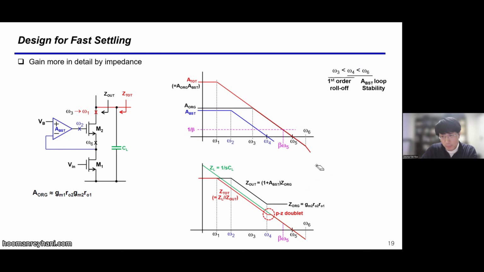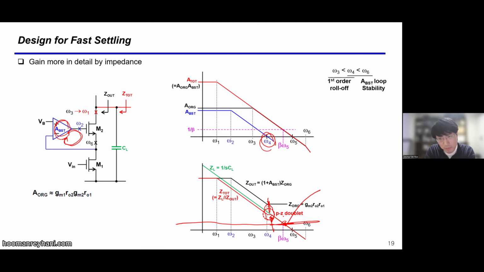So what's our design guideline? Well, you need to put your pole zero doublet frequency, which is the unity gain frequency of your boosting loop, such that your gain boosting loop's unity gain frequency shouldn't be located lower than your total amplifier's unity loop gain frequency.